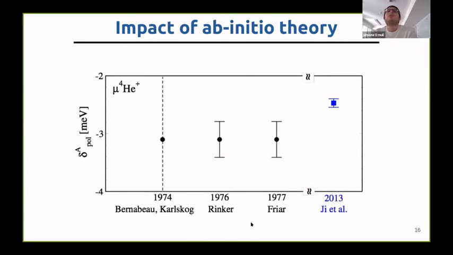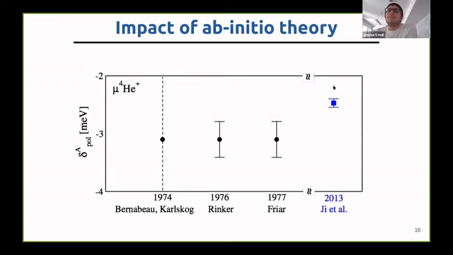This had a huge impact in the theory of these polarizability corrections in muonic helium-4. As you can see here, they got an uncertainty that was much smaller compared to the uncertainty of the previous theory computations in the 70s using experimental data.